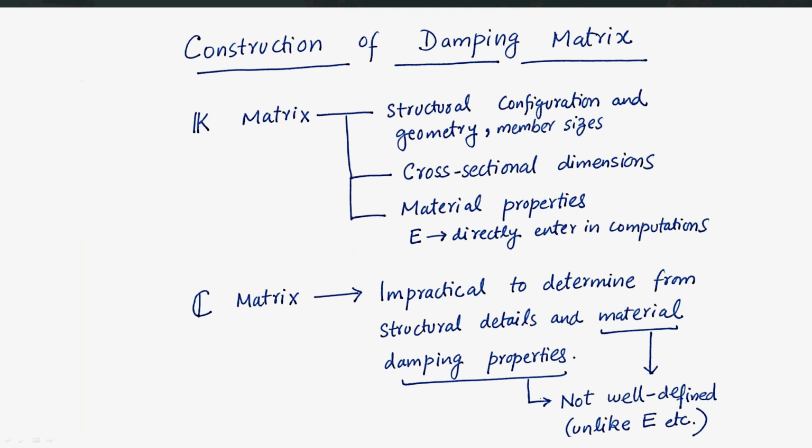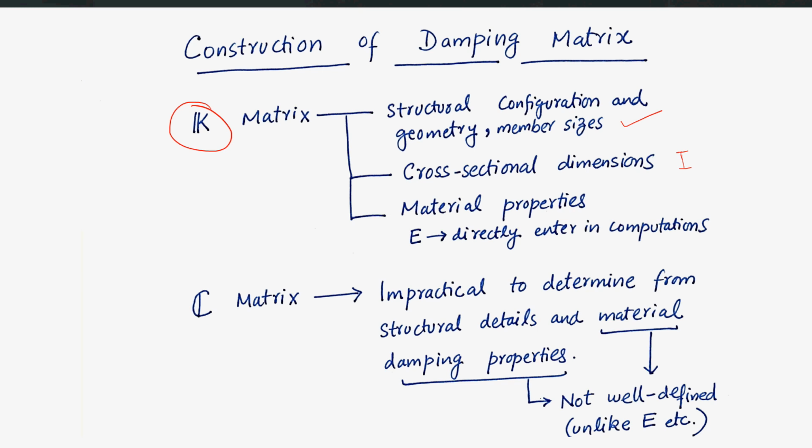Let's see the construction of the damping matrix, and let's have the analogy of the K matrix, which is the structure stiffness matrix, with the C matrix, which is the damping matrix. The structure stiffness matrix, K matrix, depends on structural configuration and geometry and member sizes. It depends on cross-sectional dimensions, for example, the second moment of area I, which is also a function of cross-sectional dimensions.